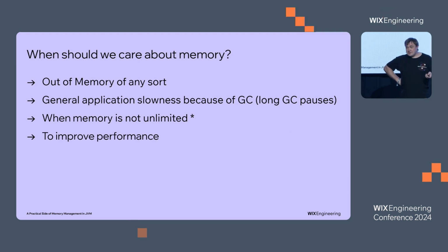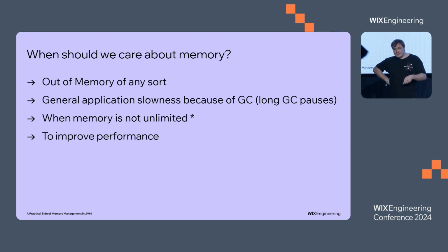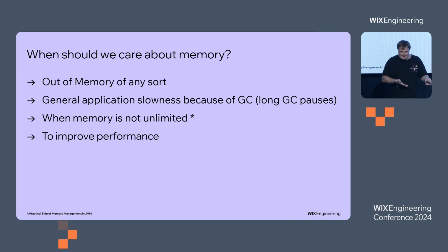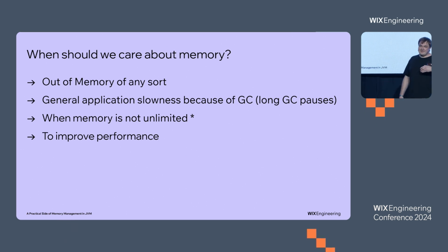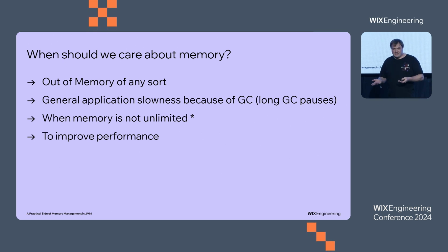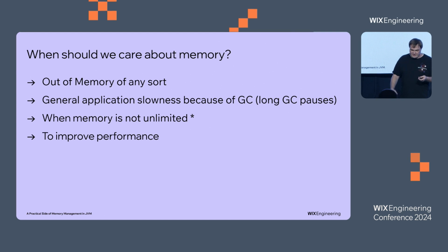In the real world, memory usually costs money, and therefore we need to care about memory in this regard. We use less, we pay less, allegedly. And sometimes we also care about performance, and if you manage memory properly, you may have some gains in performance.